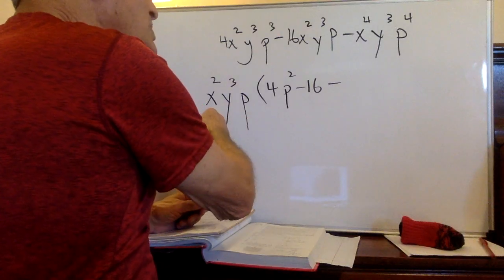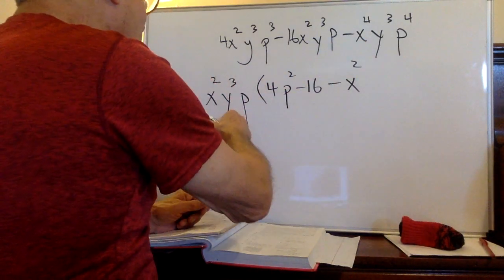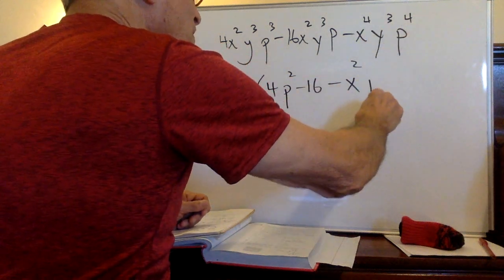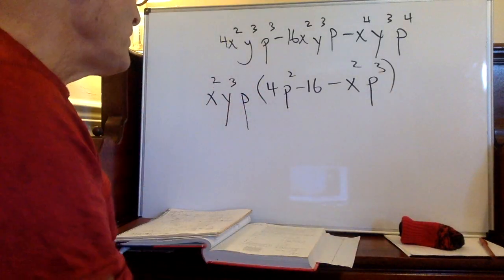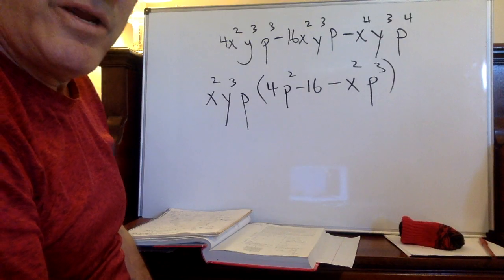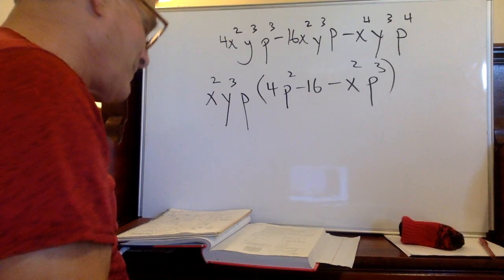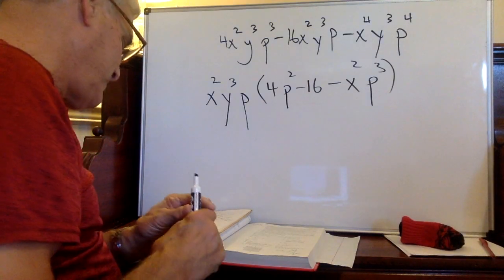Minus x to the fourth, I need an x squared. I've got a y cubed, gone. I've got a p, I need a p to the fourth, so it's p cubed. This is the factored form of what we started with. The greatest common factor was x squared, y cubed, p. And that's all I can do with problem number 9.